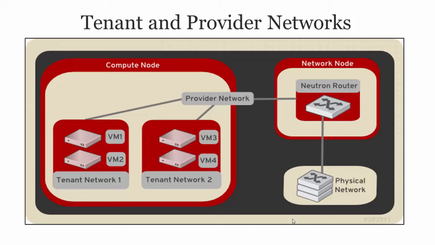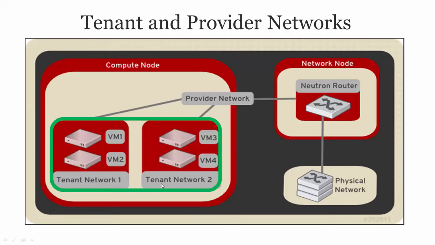Tenant and provider networks. I already told you about the tenant network. A tenant network is a kind of domain name, so each tenant has its own separate network addresses. Tenant network 1 and tenant network 2 have different network addresses for the virtual machines within them. But the tenant network at first will be assigned private network addresses.